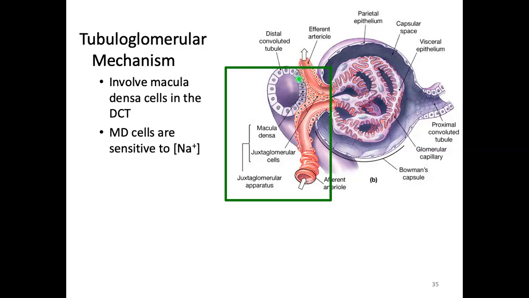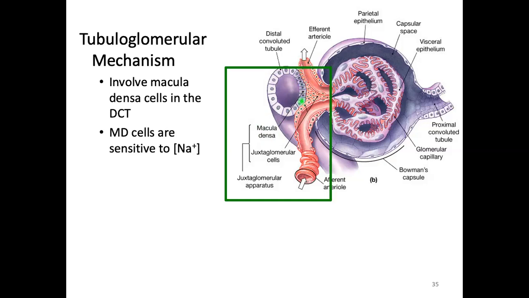In this region where it is next to the glomerulus, there are these cuboidal cells that are modified. They're called the macula densa. They are modified in that they are sensitive to sodium levels in the urine filtrate.